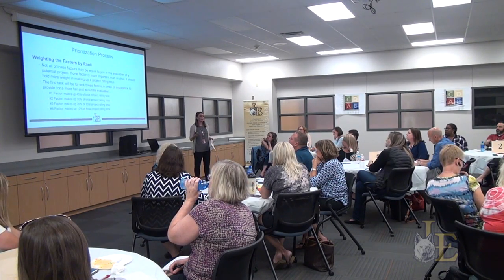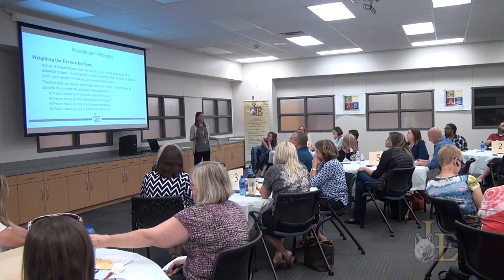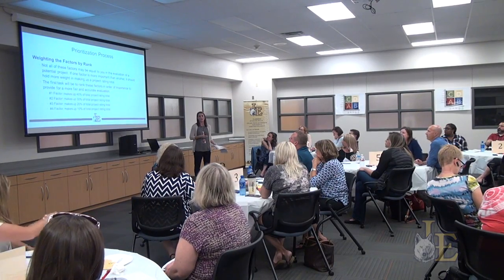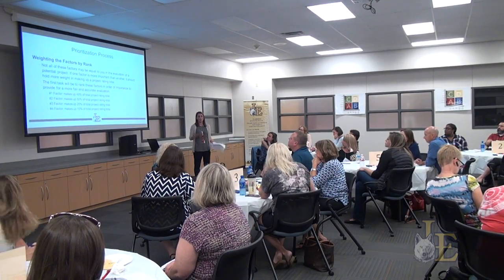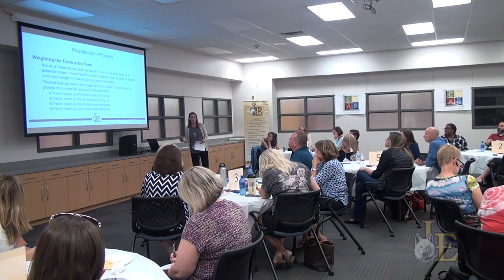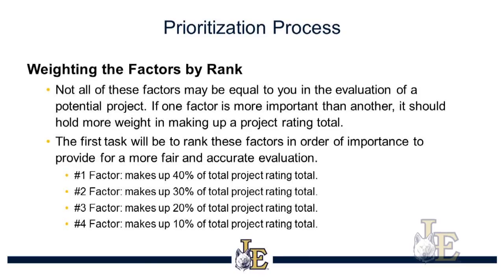So those 4 factors may not all be equal to you, right? If something is urgent, should that be more important than how it impacts students? So what we want to do is actually apply a weight to each factor. So we, to make it easy, have defined the percentages of the weight that each factor will hold. So the first, number 1, your most important factor, will make up 40% of that project rating total.